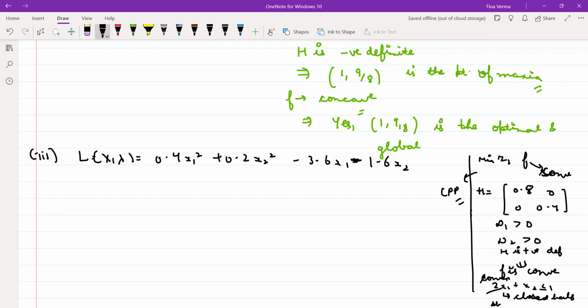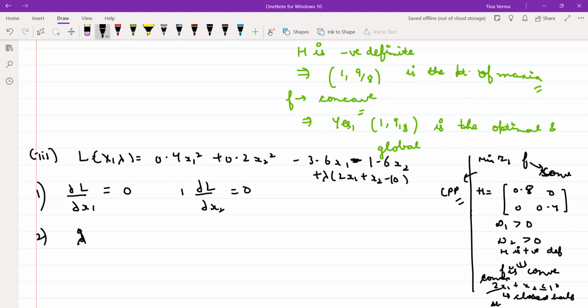For the KKT condition, I have to create the Lagrange function. Whenever I create the Lagrange, what are the necessary conditions? Curl L by curl x1 equal to 0, curl L by curl x2 equal to 0. The second is that lambda times (2x1 plus x2 minus 10) should be equal to 0.